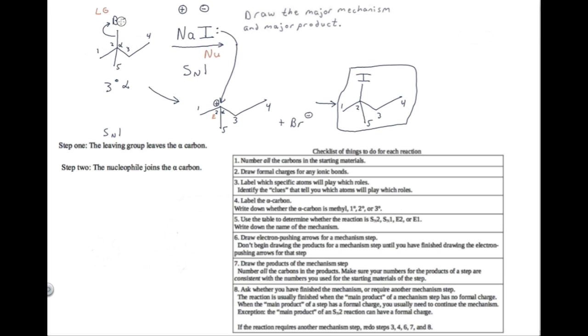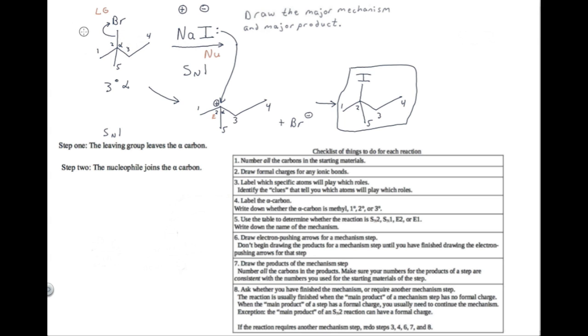Sometimes this feels weird to students. Students feel, why is the leaving group leaving, even though nothing is pushing the leaving group off? Well, you just have to have memorized that if the mechanism is SN1, then that really is what happens. In the first step, the leaving group leaves the alpha carbon without anything pushing off the leaving group.